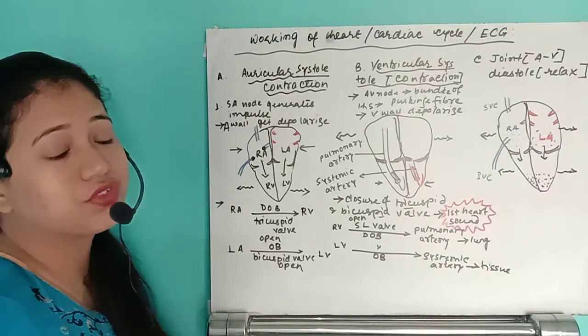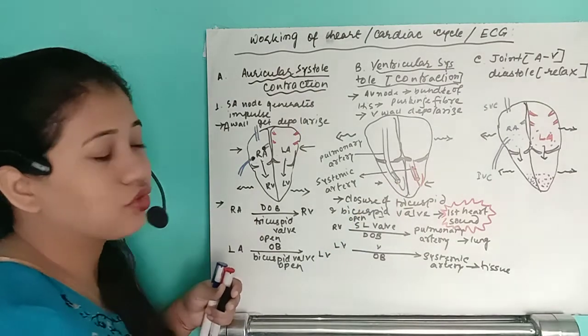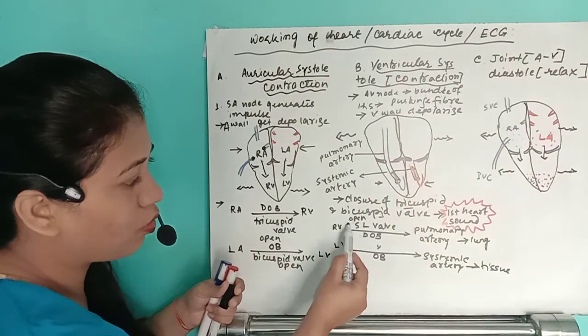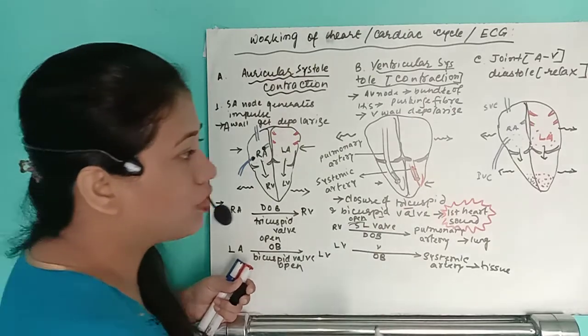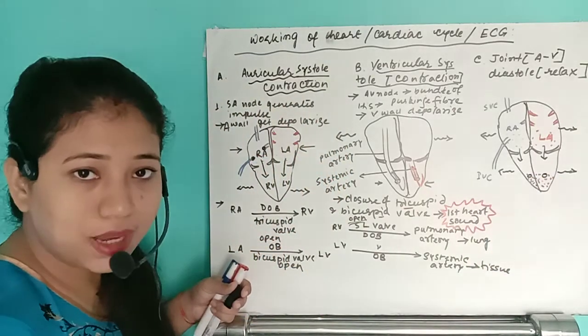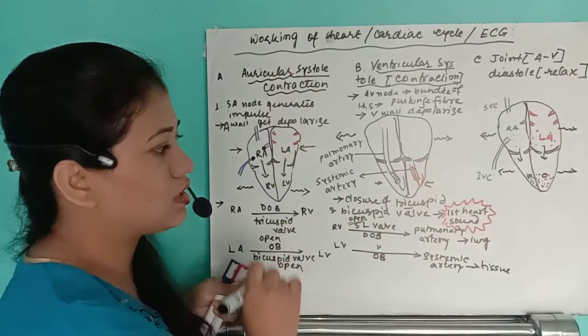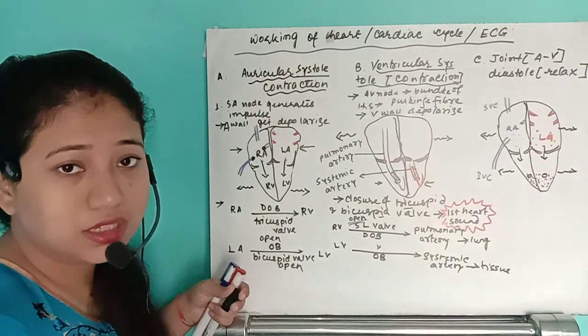At that period of time, remember, in the earlier ventricular systole the semilunar valves had opened. Now the ventricles have started to fill with blood, and the pulmonary artery and systemic artery are not allowed to take the blood, isn't that?